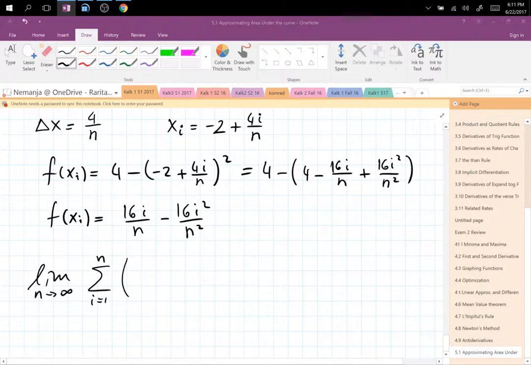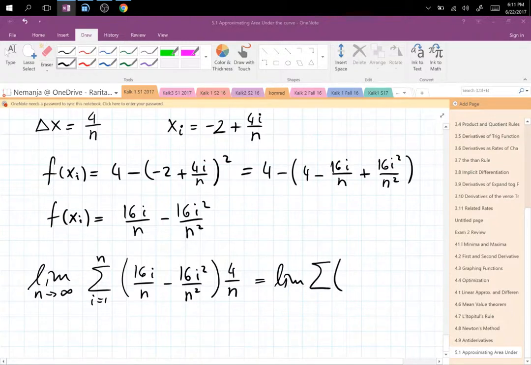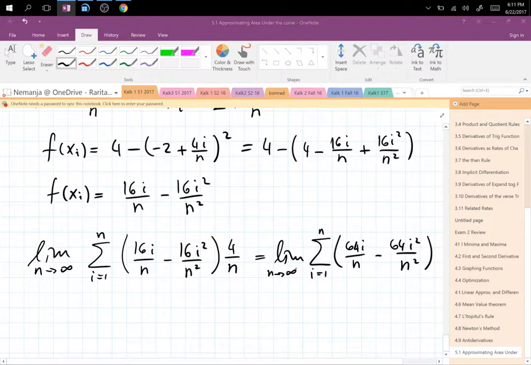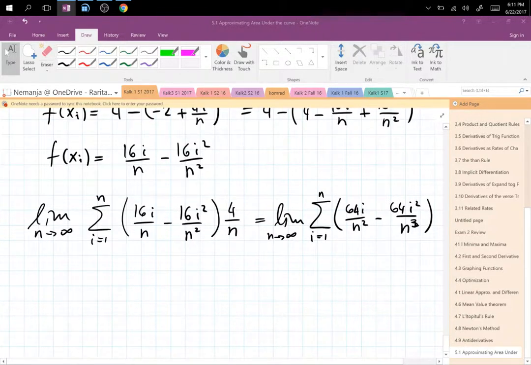In parentheses I have 16i over n minus 16i squared over n squared times 4 over n, which I'm going to distribute now and get 64i over n squared minus 64i squared over n cubed, i goes from 1 to n. n squared times n is n cubed.